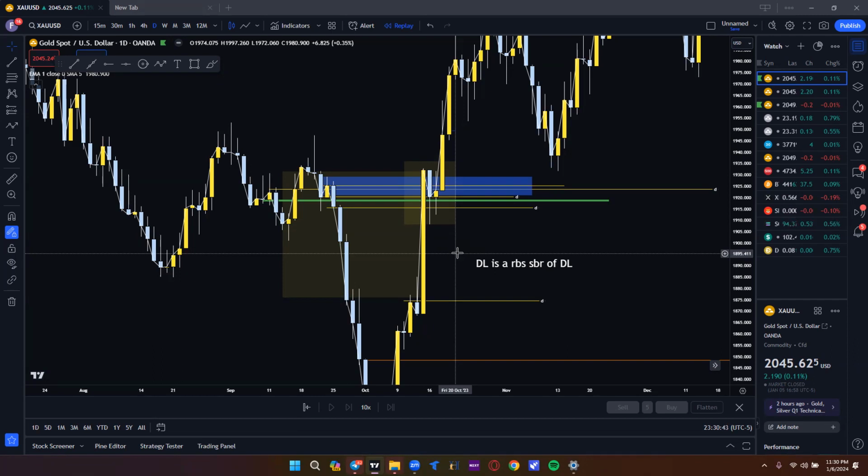I'm trying to make it easy for you, and if break of structure or smart money is easier for you to look at it that way, maybe you use it that way. But I hope to bring light into this view of support and resistance, so then you could take these types of entries here.